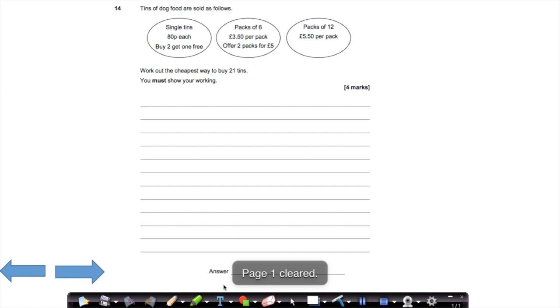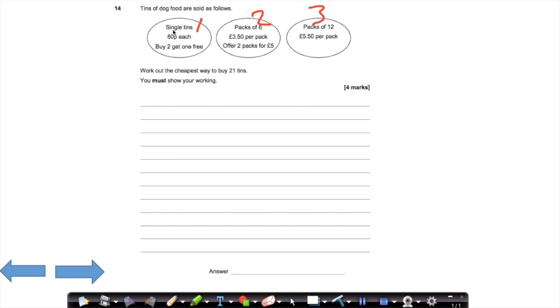So offer number 1, 2, and 3. The first mark is awarded for just being able to compare the cost of the same amount for 2 of these combinations, and the second mark will be for being able to compare all 3 of them.